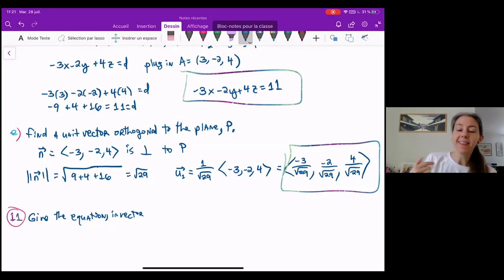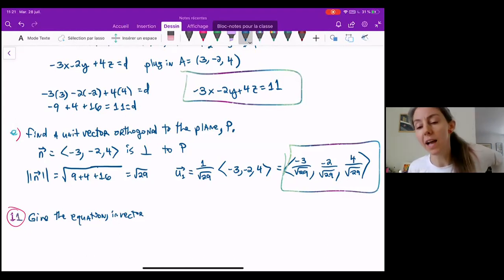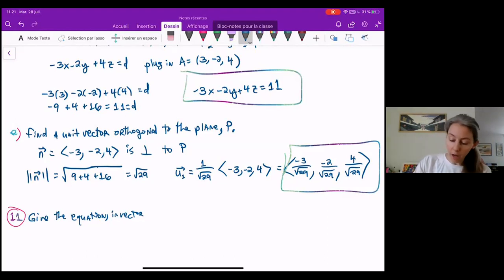Okay, but then that said, this gives me a vector in the same direction, and we were only asked for 1 unit vector. If we were asked for 2 unit vectors orthogonal, then another possibility would be to multiply by -1, -1 over root 29 times this.